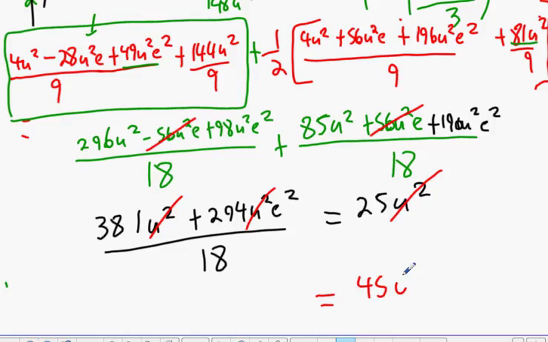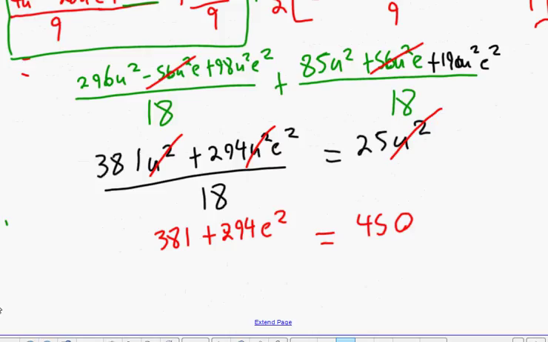Let's go for 450. And then that's 381, and that's 200 and? Take away your 450 minus your 381. 69. Is it? 69? Okay. Fair enough.